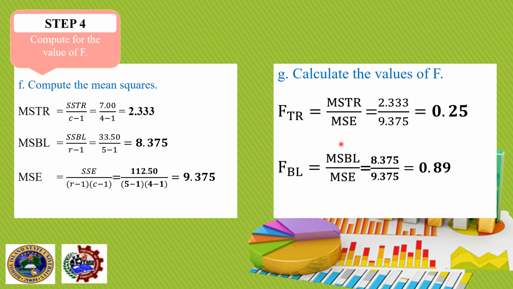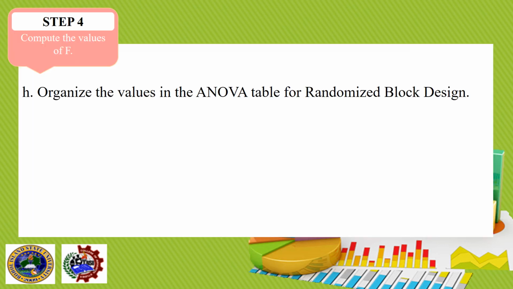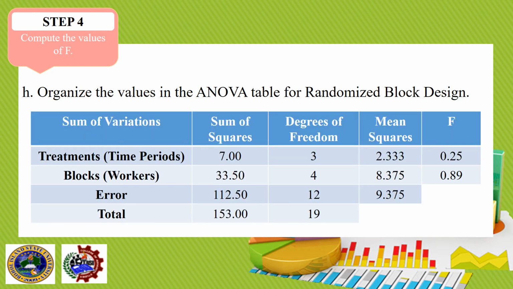Since our MSBL is equal to 8.375 and our MSE is equal to 9.375, our F sub BL is equal to 0.89. We will organize these values in the ANOVA table for randomized block design. This will be the table with all the values that we have obtained from all the calculations.